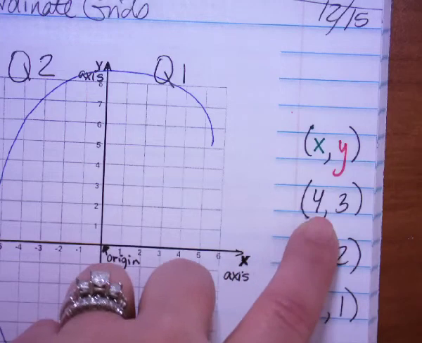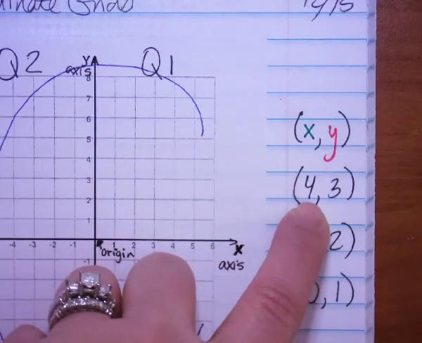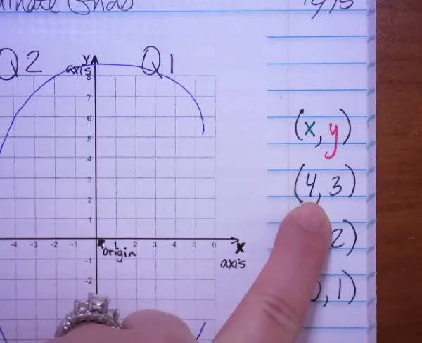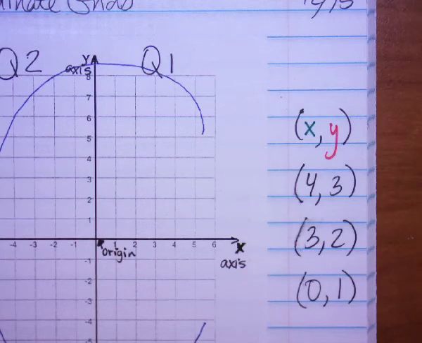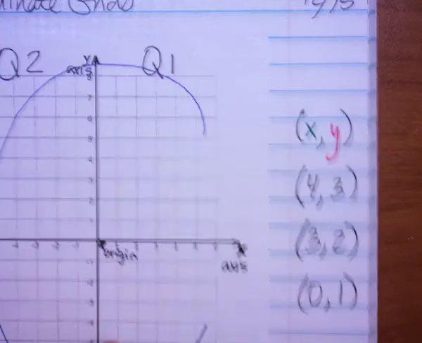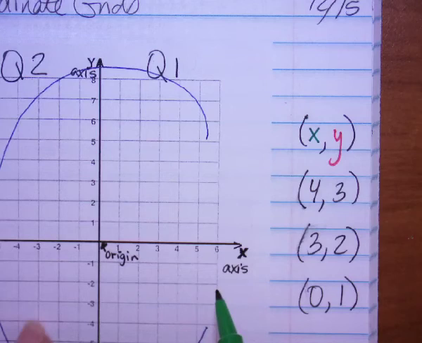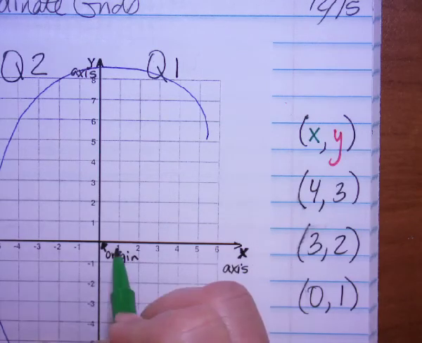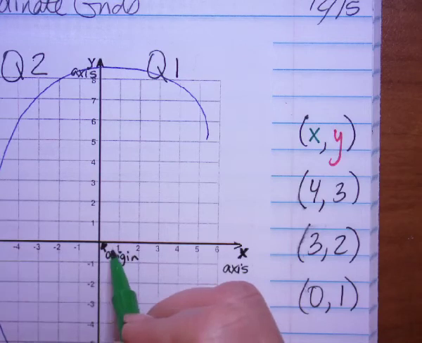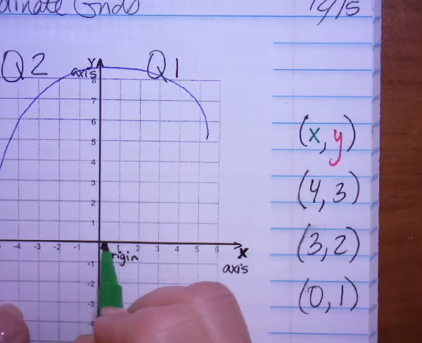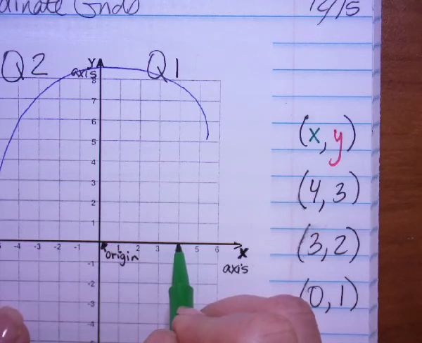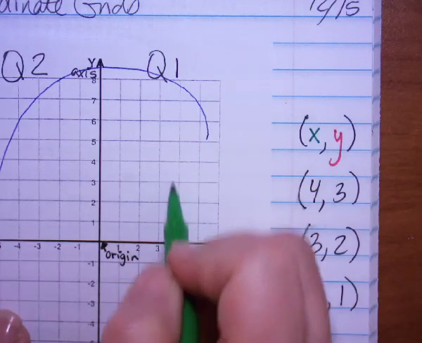Okay? So first, on our x-axis, let's try this one. It says 4, 3. What are we going to do here? What do you think, Connor? 4 on the x-axis and 3 on the y-axis, and then come in on the middle of them. Okay, so go over 4 is what he's saying, and then up 3, correct?